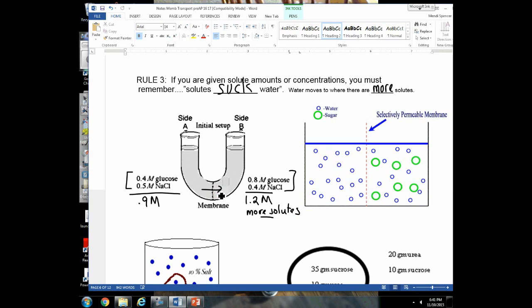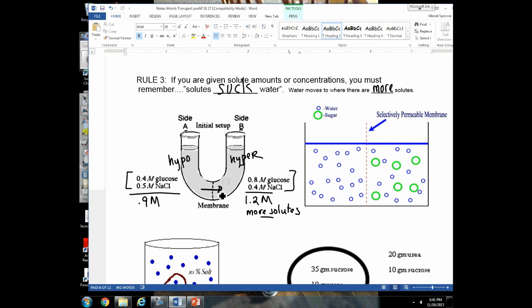Water is going to have a net flow from side A to side B. Now, some of you maybe picked up that if there's more solutes, this side is the hyper one, and this one's the hypo. If you thought about that, that's great. If you know that this side is hypertonic because there's more solutes, water is going to go to that hypertonic solution.